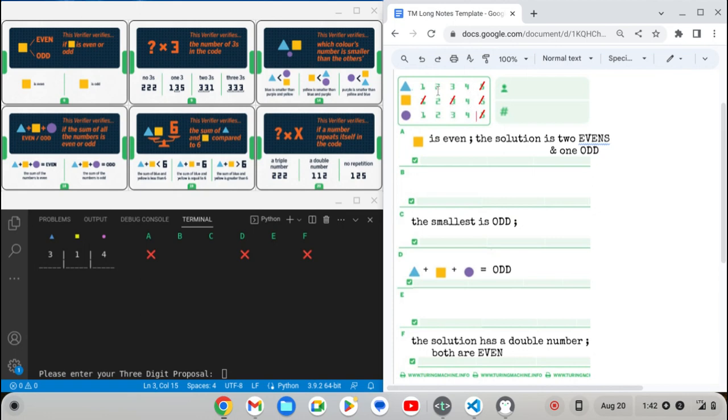So I'm going to say, oh, and remember, of course, that the odd has to be the smallest. So that's true. If it's a 3, it would have to be 4, 4, because there's nothing else.